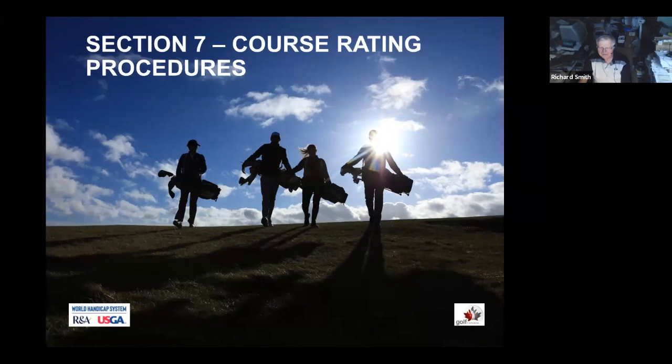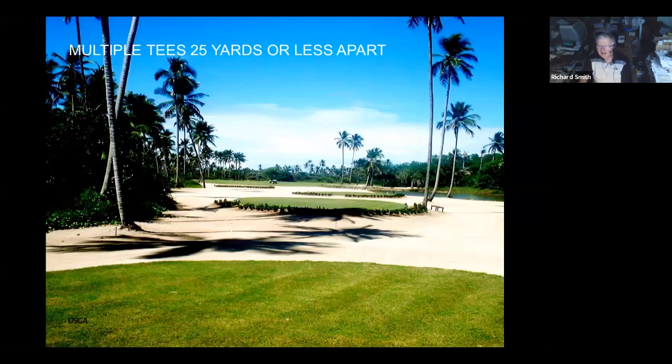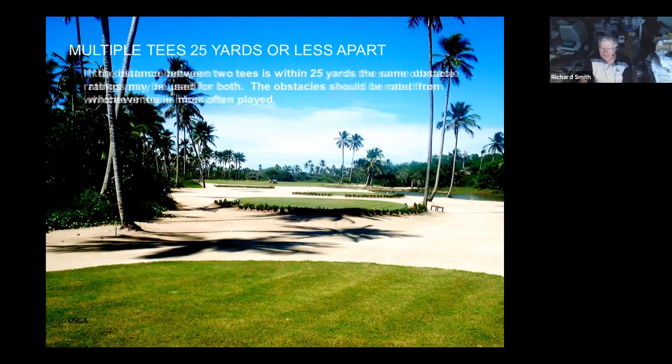If there are multiple tees on a hole that are 25 or less yards apart, we don't have to do separate obstacle ratings for each of those. We can do a single rating using the one that's played the most.